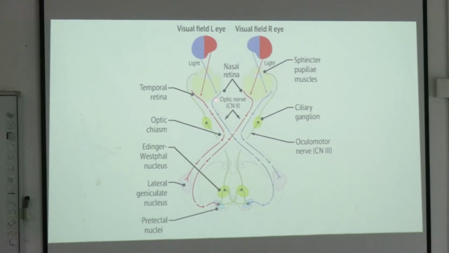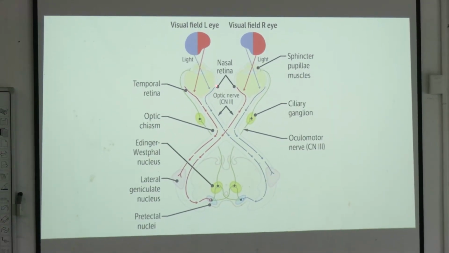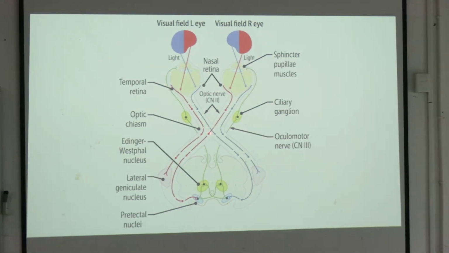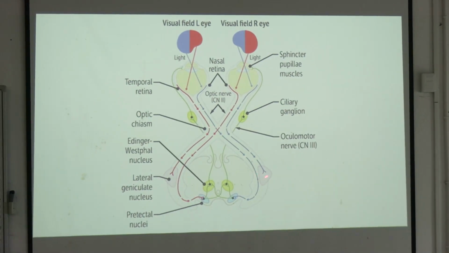These are the nasal fibers, this blue color and this red color, they are crossing each other, and see, they are bypassing the lateral geniculate body, not ending in it, going straight to the pretectal nucleus in the midbrain, and from the pretectal nucleus they move to bilateral Edinger-Westphal nuclei.